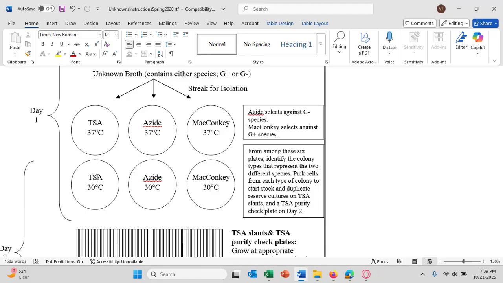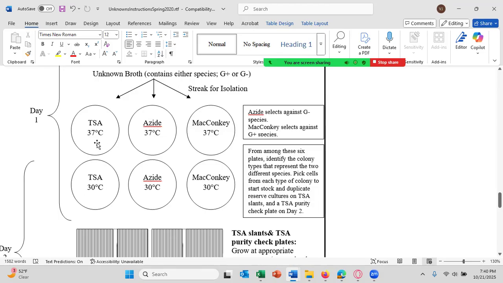Over 95% chance that it will be a pure culture. You should go through that in your unknown notes pages and in your unknown report.